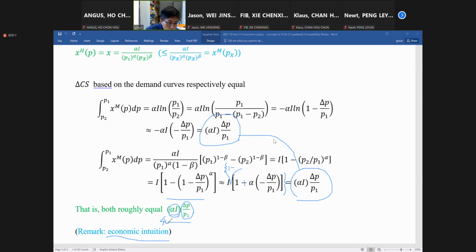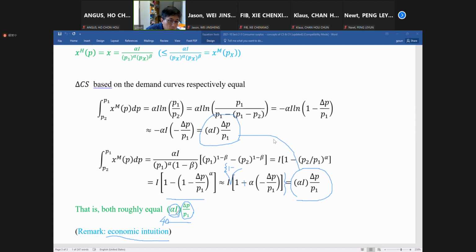Then, if I don't change, and the old price P1 equals $5, I buy 8 Aprils. Now the price drops by $1.